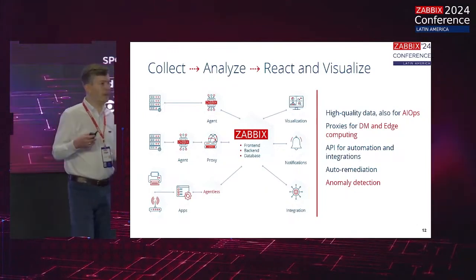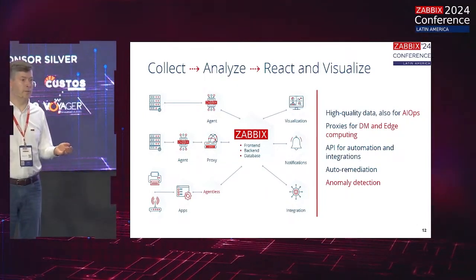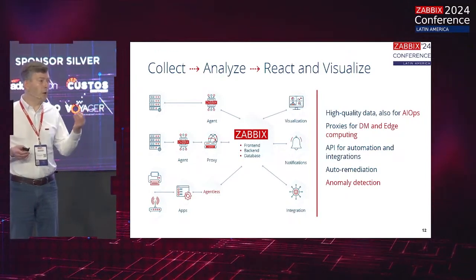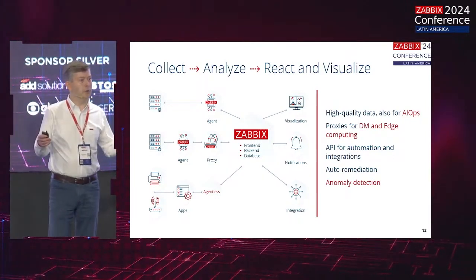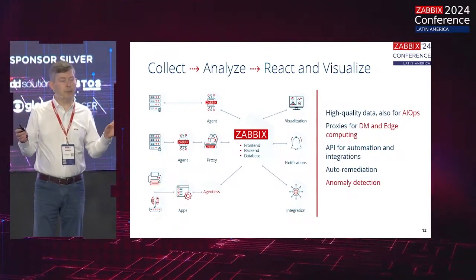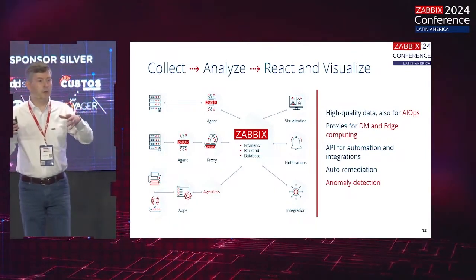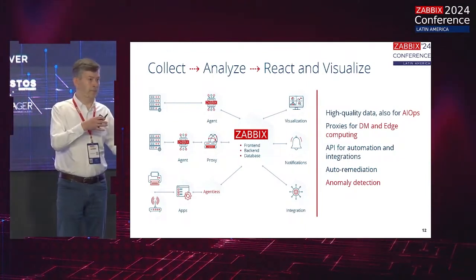Also, in Zabbix we have distributed monitoring thanks to the great proxies. And why are proxies important? It's not only distributed monitoring, but also about edge computing. And what is edge computing? Edge computing is when we do processing closer to the source of the data. Yeah?